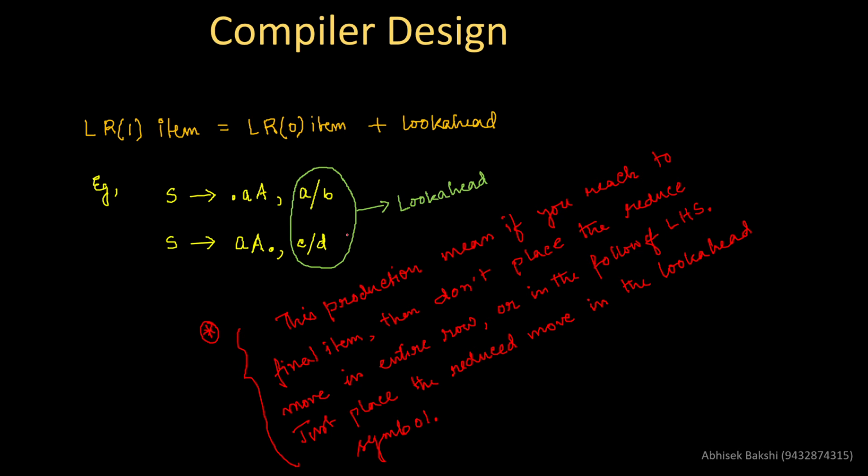That means somewhere over here. Maybe the number of symbols present in the follow of the left-hand side is much more than this lookahead set. It may happen. I've written here a or b, I mean there is a possibility that the lookahead can be a or it can be b. But in some cases I can have only one symbol as the lookahead, right?